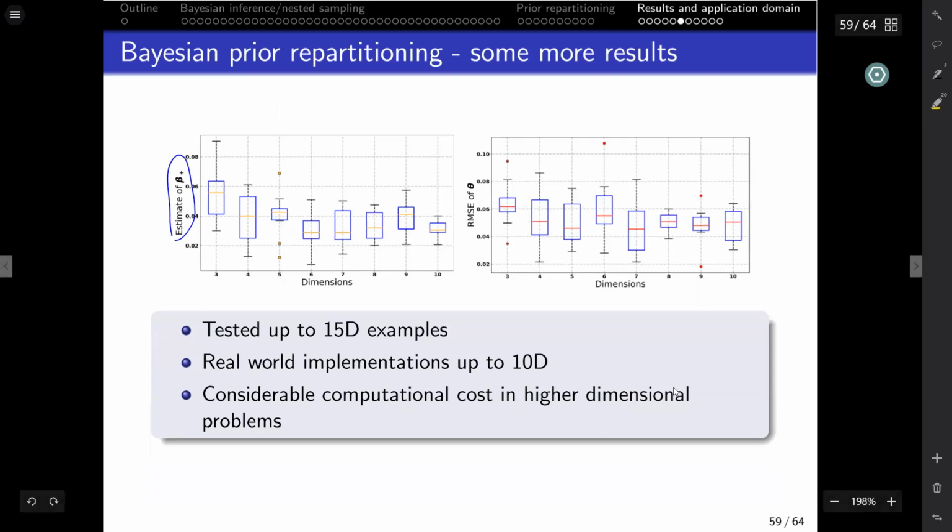Estimation of beta over dimensions 1, 3 to 10, and also the RMSE, root mean square error, of the estimation for the latent variables, also in the 10 dimension case. We have tested examples up to 15 dimensions, and in the real implementations, we implemented it in up to 10D problems.